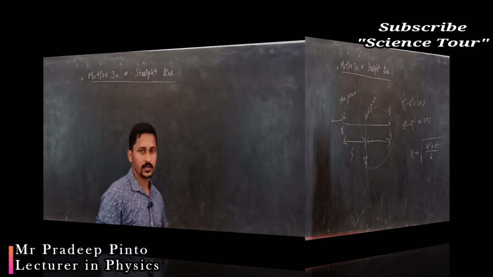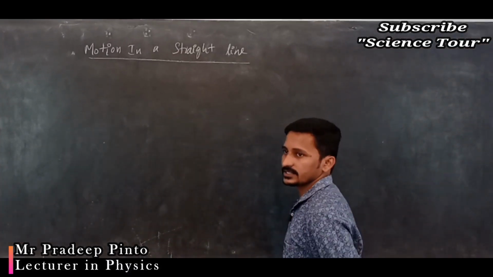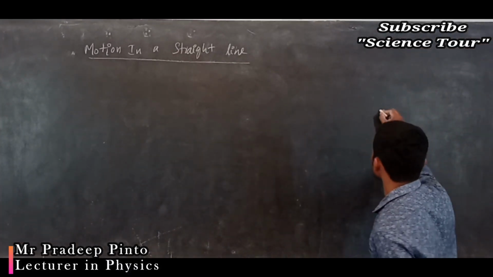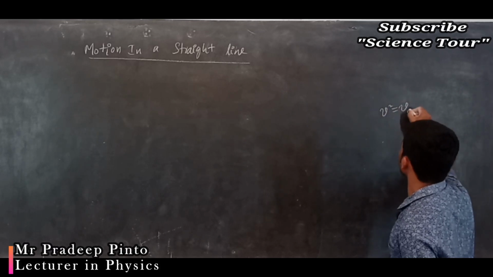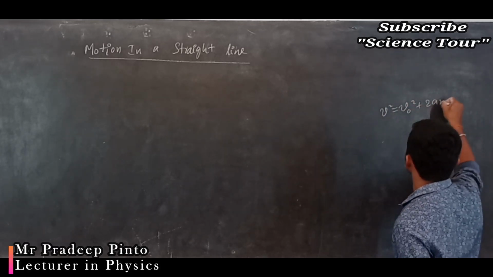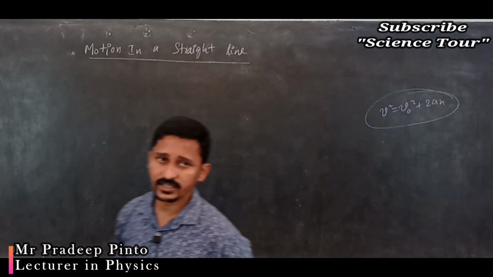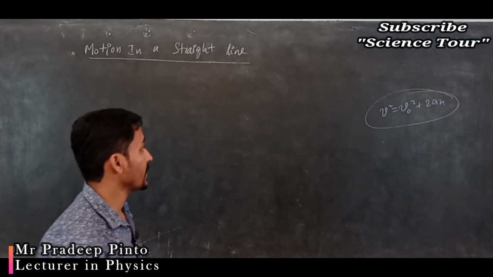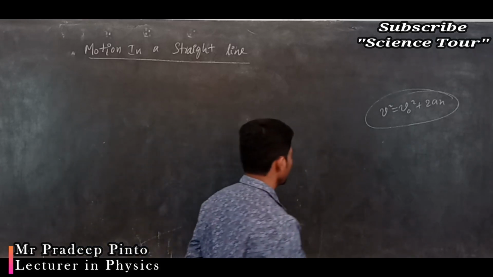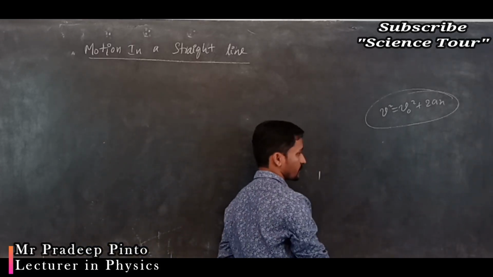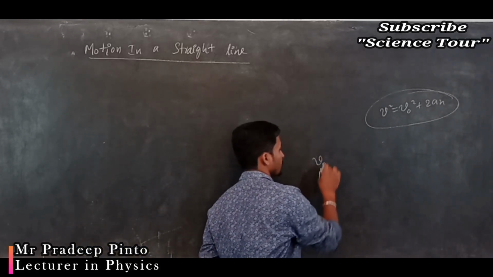Now out of the kinematic equations we have studied that v square is equal to v naught square plus 2ax. This is one of the important equations, and here always we are going to talk about retardation. Means, an object which is having initial velocity v naught.